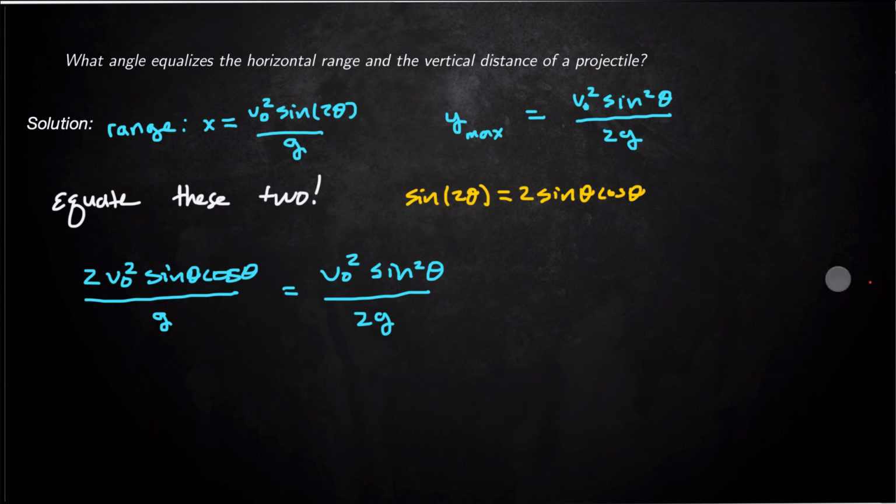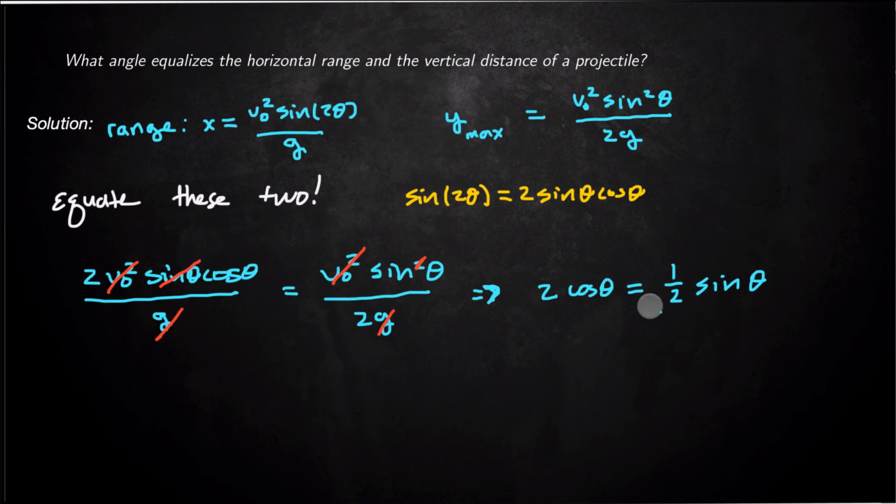And at this point, we can cancel the v0 squared, which is in the numerator on both sides. We can cancel the g because that's in the denominator on both sides. I can cancel one of the sine thetas with this square here, and that leaves us with 2 cosine theta equals 1/2 times sine of theta.